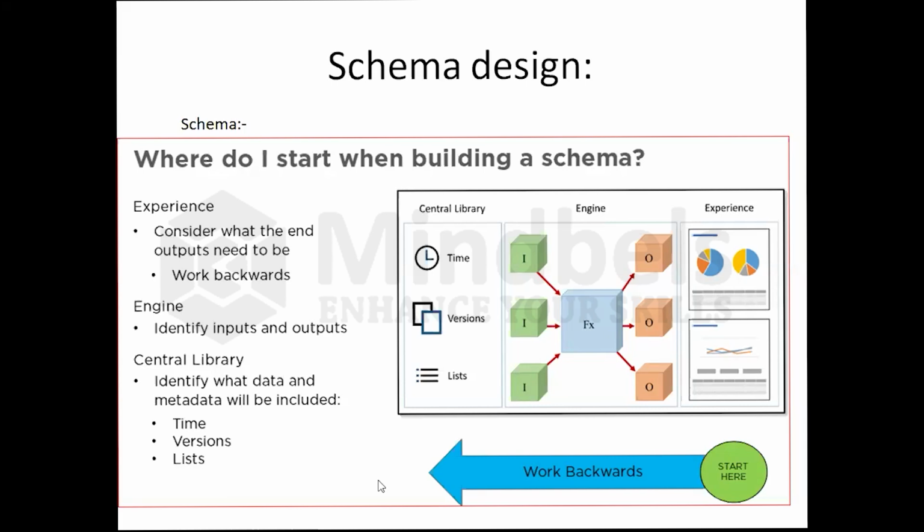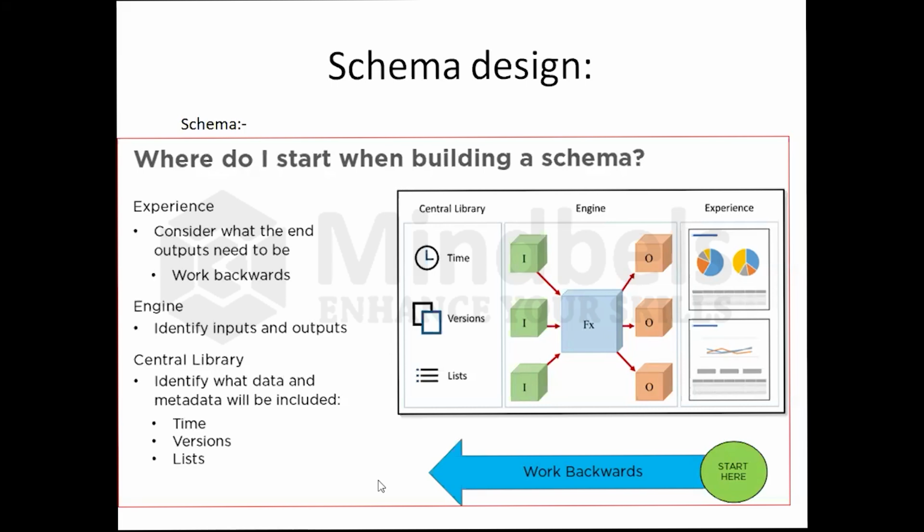Exactly, perfect. That's the right answer. If you go from the UX side, you will not be building anything unnecessarily, because you already know what end product or end result you need to produce, and to produce that end result, you can track it backwards. To get that end user experience page, the UX page, you can identify what output modules you require.